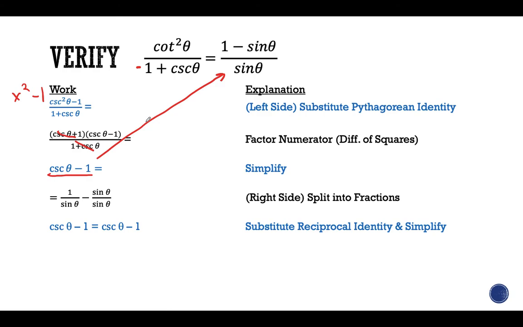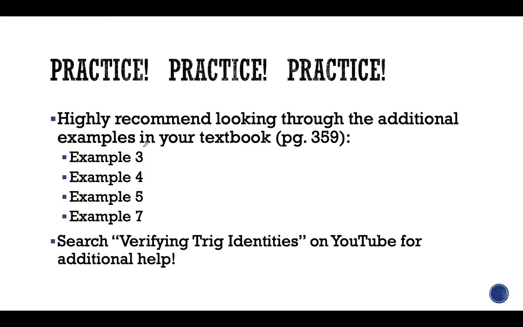So again, the challenge with these problems is there's not one set way to do things. What we have is a process that we're going to work through. You've got some guidelines, and it's just going to take practice. Here's something I want to encourage you to do in terms of practice. I highly recommend that you look through the other examples in your textbook.